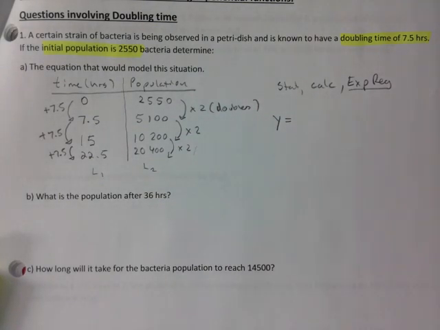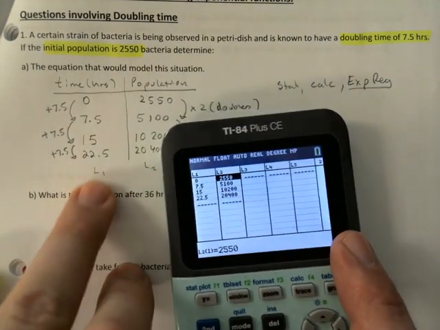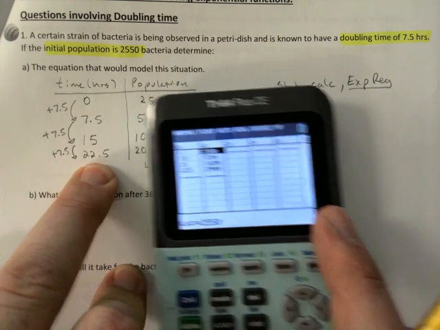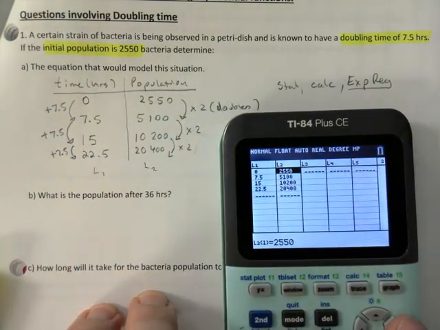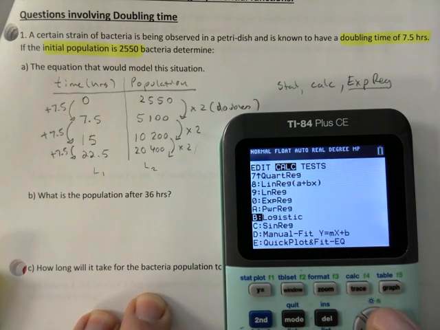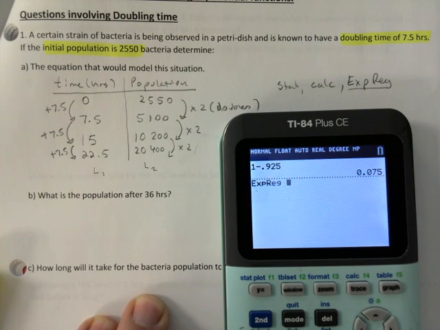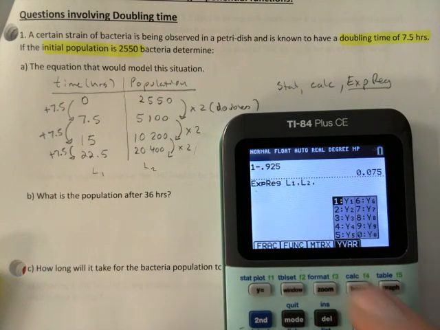So let's come up with it. I first need to enter everything. Oh, I did already. Did my homework. Yeah, that's still there. So I'm just going to go stat, calc, exponential regression. Second 1, comma, second 2, comma. Alpha trace apparently is the shortcut.